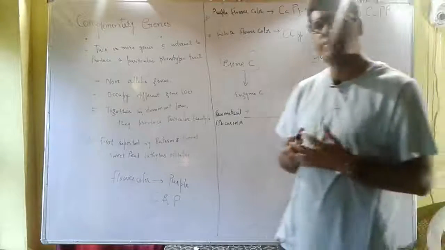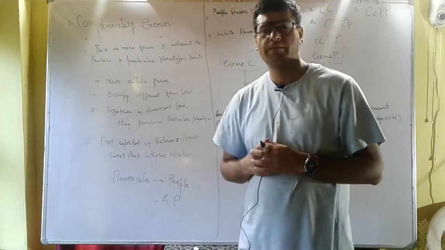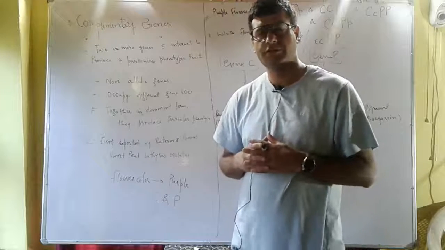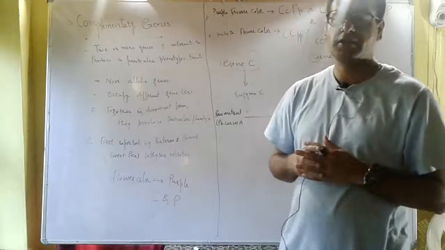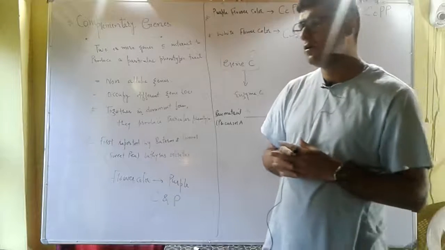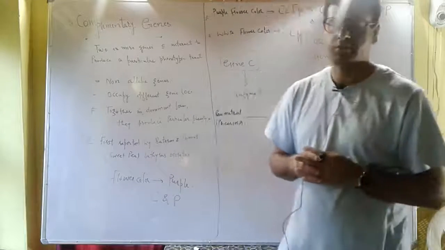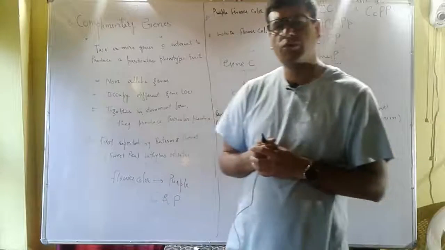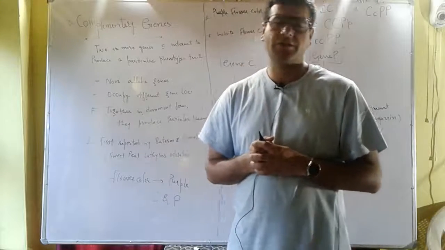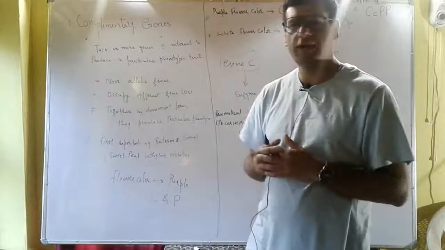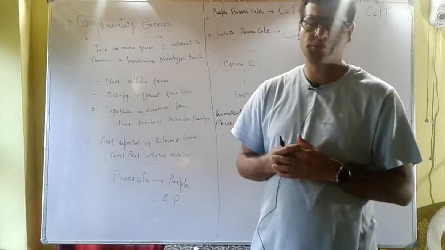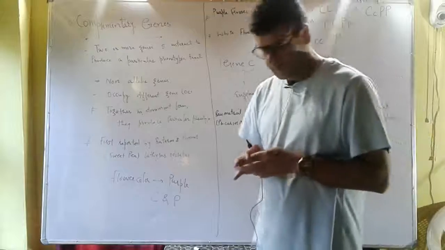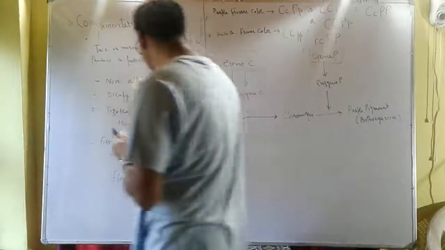But if the dominant forms of both genes, gene C and gene P, are present, then the flower color of the sweet pea would be purple. So these two dominant complementary genes have collaborated with each other to produce a particular phenotype. Now how can we explain it?